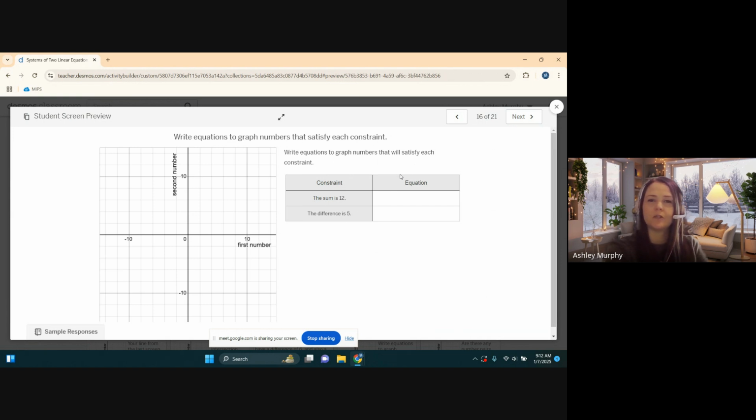Okay, write equations. What about the sum is 12 and the difference is 5? So use that same equation. We're adding to get 12, and then we are subtracting to get 5. So because there is a location, and I can see here this is not an integer location, so this might be some fractions or decimals, but it is possible to find some values that will satisfy the constraints.